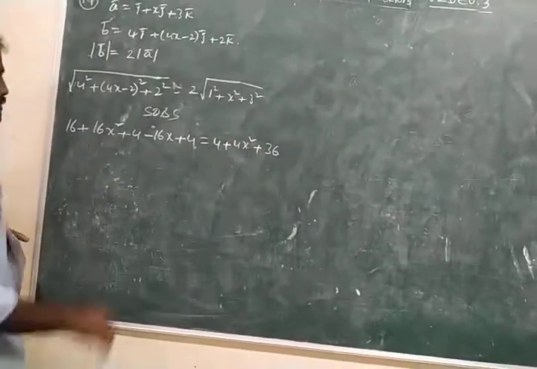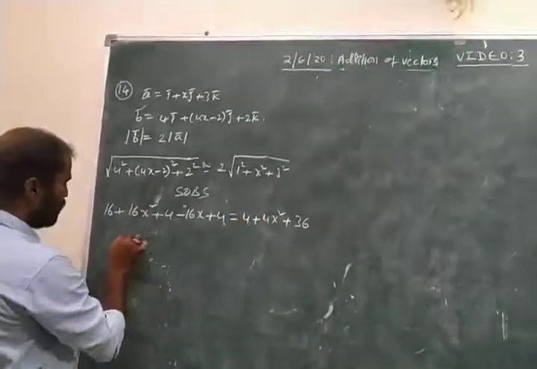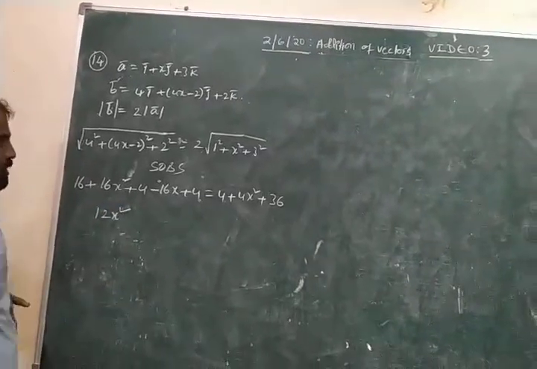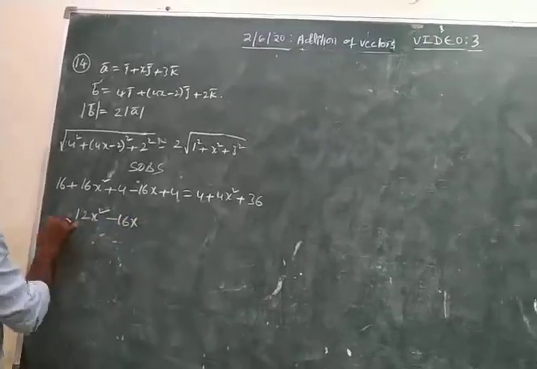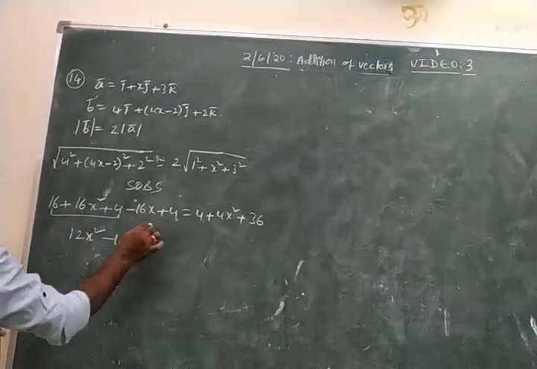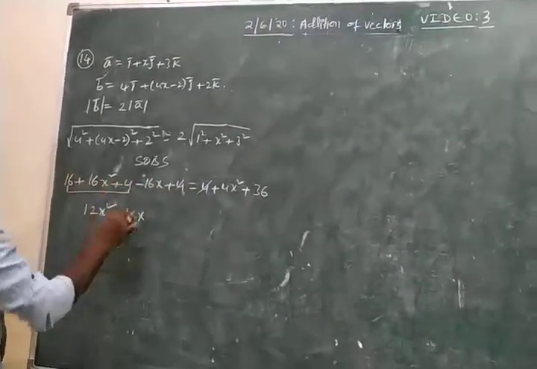Now bring all to this side: 16x square minus 4x square is 12x square, then the x term is minus 16x, next the constant 16 plus 4 is 20.